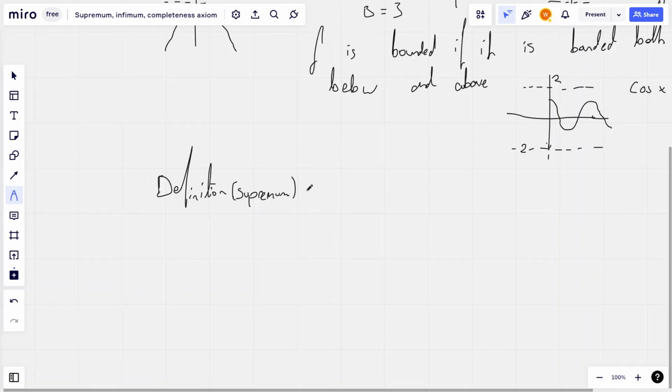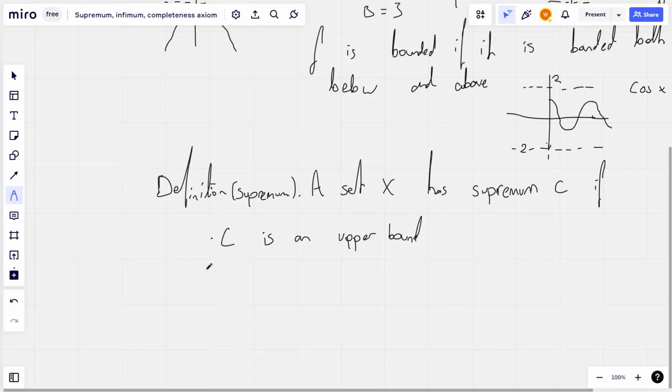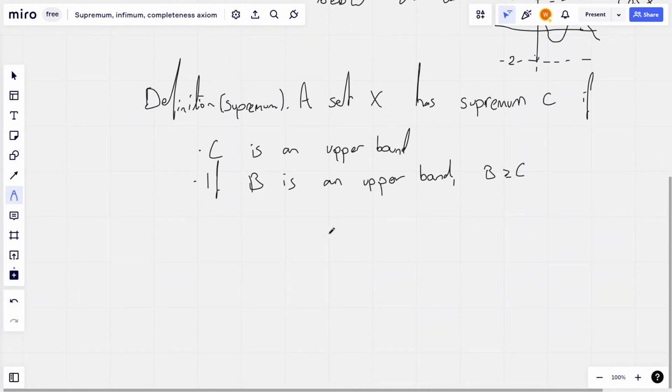A set X has supremum C if C is an upper bound, and if b is an upper bound, then b is greater than or equal to C. So what I'm basically saying is that C is the smallest possible upper bound.